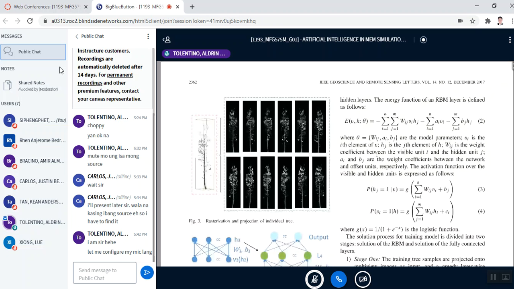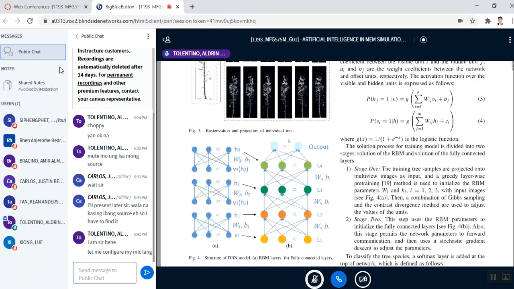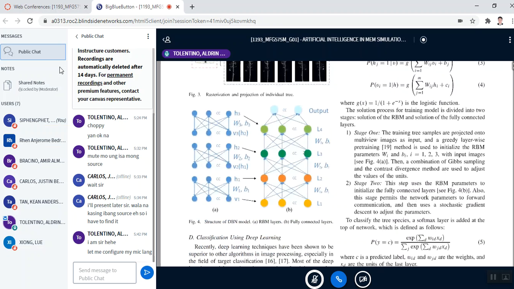So here is an example of the rasterization that they did. This is the 3D point cloud, and they made several 2D images out of it. So that's the rasterization. And then for the last step, they used deep learning to be able to classify trees.